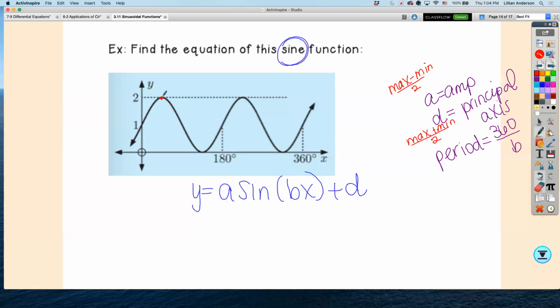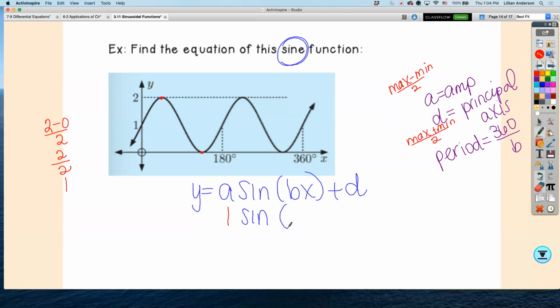What is this maximum height? 2. What is this minimum height? 0. So I do max minus min divided by 2. 2 minus 0 is 2. 2 divided by 2 is 1. So my amplitude is 1. Now you don't have to write 1, but I'm writing it so you guys see what it is.